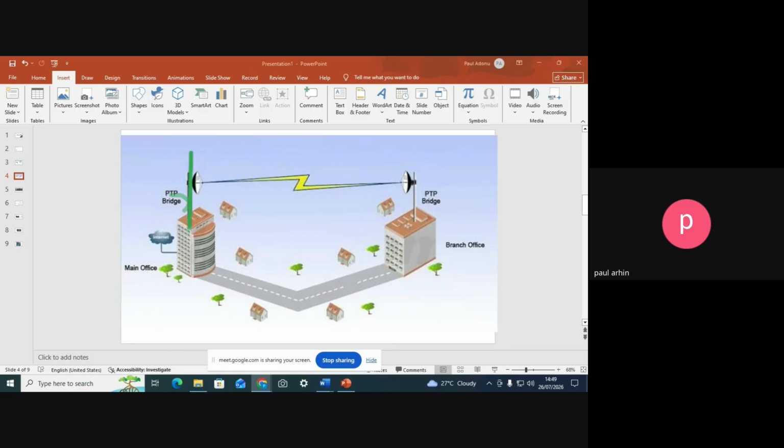So one pole like this can have a number of bridges positioned on it, each receiving signals from a different branch. At UCC, on top of the science block, which has the main servers, we have a similar setup with a whole lot of bridges in there. That is really happening.